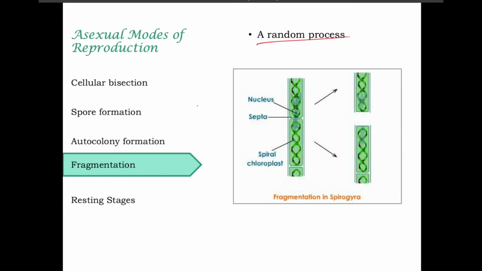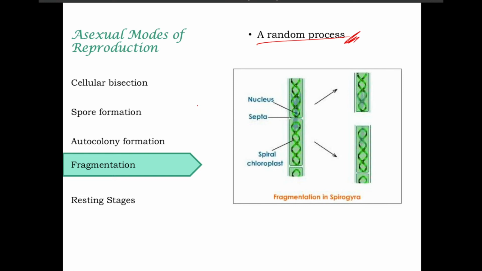Due to a random process, you break them apart and throw them away or something. They like that because they get to grow into separate organisms. But this is a completely random process. They did not want you to break them apart.